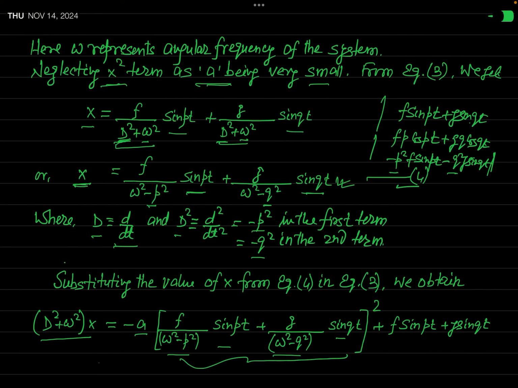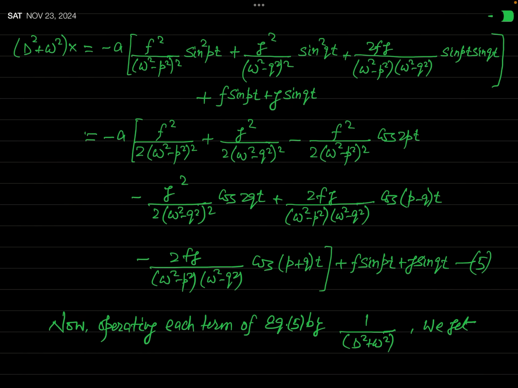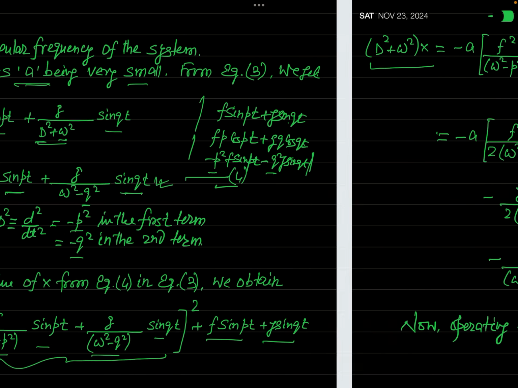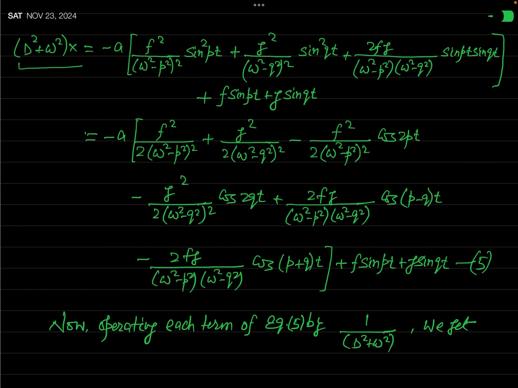And the last two terms in this equation are f sin pt plus g sin qt. Now we will simplify the RHS of this equation a little bit. LHS I have written as it is, and now let us simplify the RHS. This is just (a + b)², which is a² + b² + 2ab.